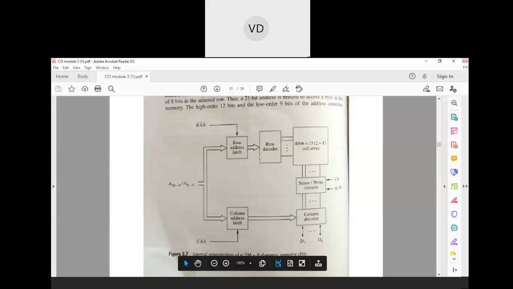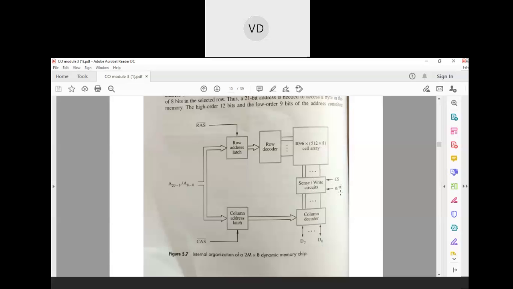After that, the row address and the column address were decoded, and using the sense and the write circuits, sense is used for reading and the write circuits are used for writing the data into the memory, with the help of the CS, that is the chip select signal. Among the 8 groups, which columns should be selected, that is what we do using this chip select signal.